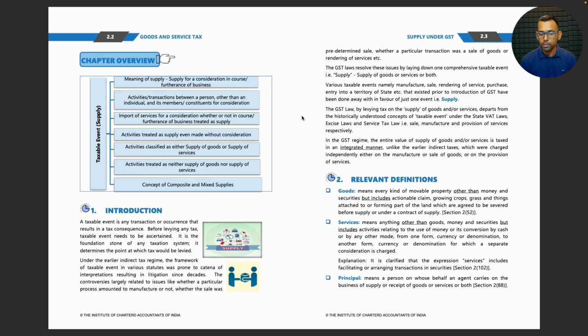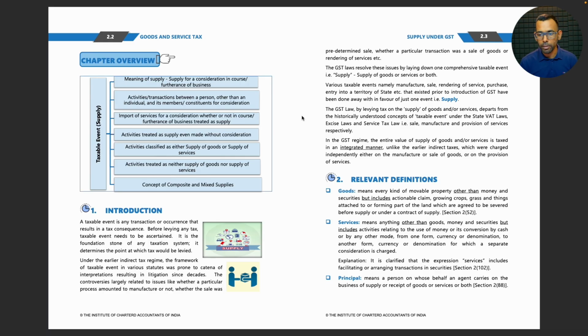Under the earlier indirect tax regime, the framework of taxable event in various statutes was prone to a catena of interpretations, resulting in litigation since decades. The controversy is largely related to issues like whether a particular process amounted to manufacture or not, whether the sale was predetermined sale, whether a particular transaction was a sale of goods or rendering of services, etc. The GST laws resolved these issues by laying down one comprehensive taxable event called supply, that is, supply of goods or services or both.